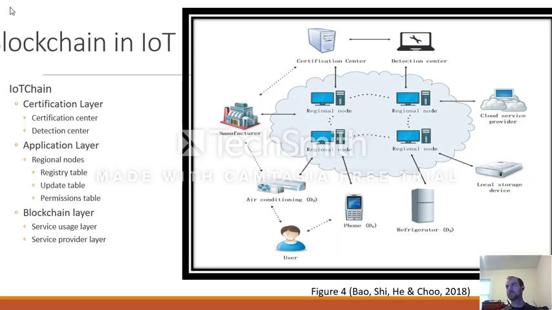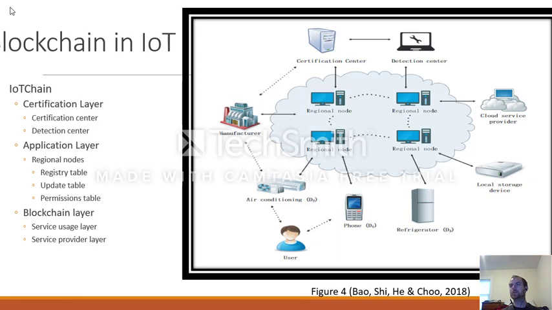In the application layer, that would be where the regional nodes are. Those can be seen as like the miners for the blockchain. Regional nodes sort of handle some of the heavy lifting in the blockchain. The blockchain also resides on the nodes, and as devices connect, regional nodes would handle information between those devices and their manufacturers and service providers.